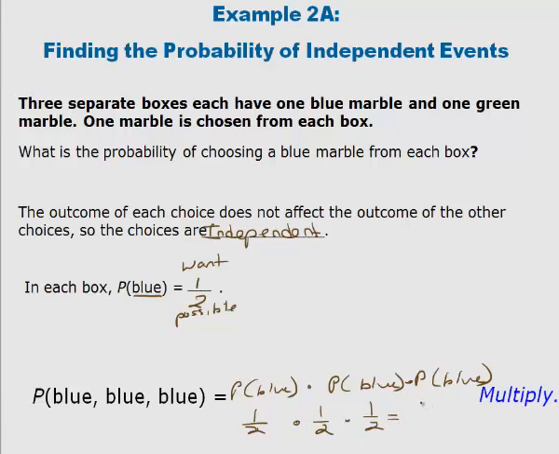Well, as you know, as you multiply fractions, you multiply the top, the numerator, and you multiply the denominator, the bottom, and then you turn it into a decimal, and then you turn it into a percent. So the probability of drawing blue, blue, blue is 1 out of 8, which is 12.5%.